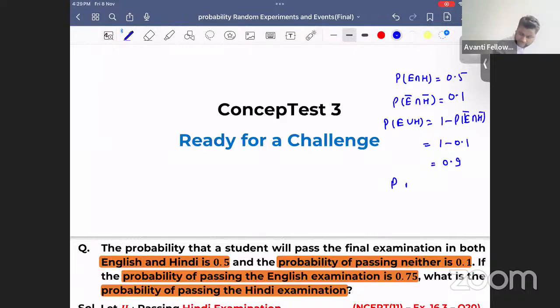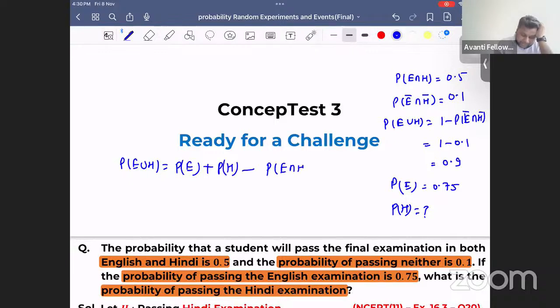The probability of passing in English is 0.75 and the probability of passing in Hindi they are asking. So the probability of E union H is equal to the probability of E plus the probability of H minus the probability of E intersection H. So P(E union H) is 0.9, minus P(E) 0.75, plus P(E intersection H) 0.5, is equal to P(H).